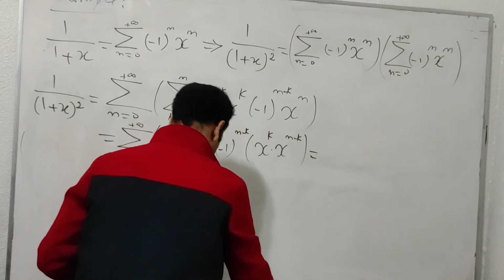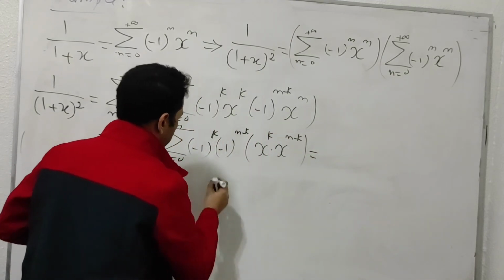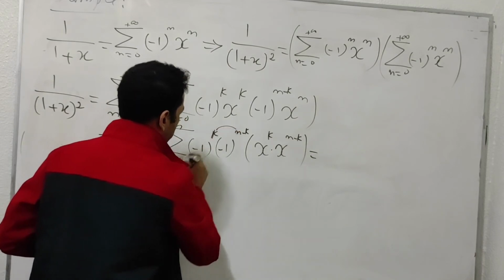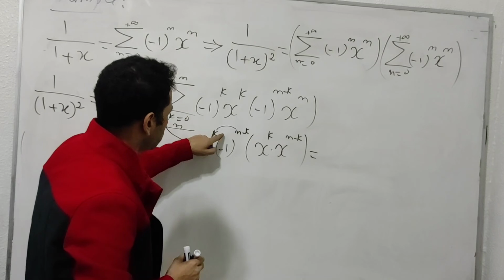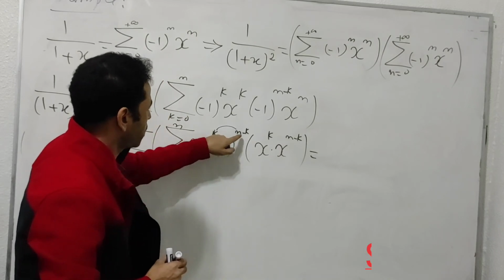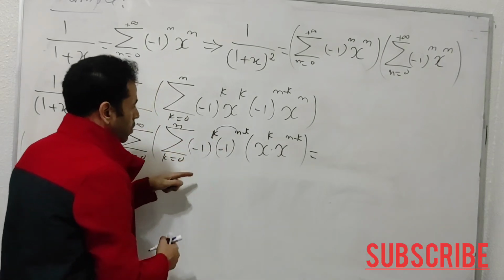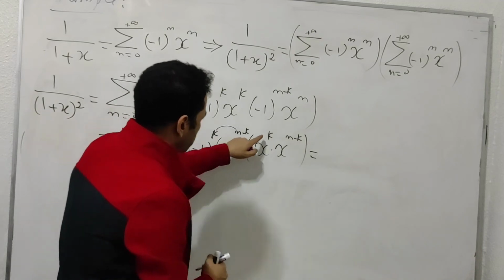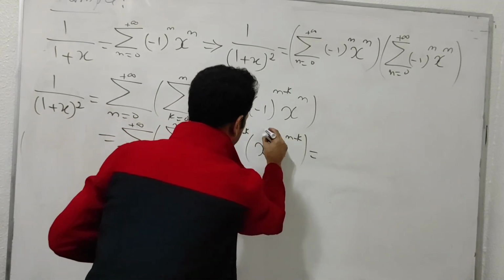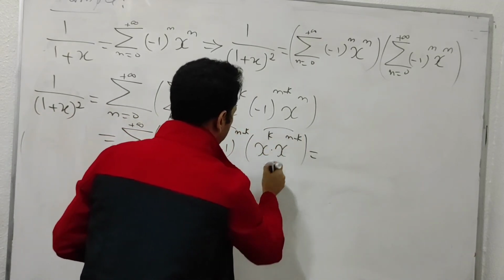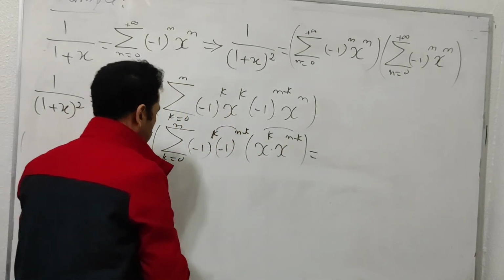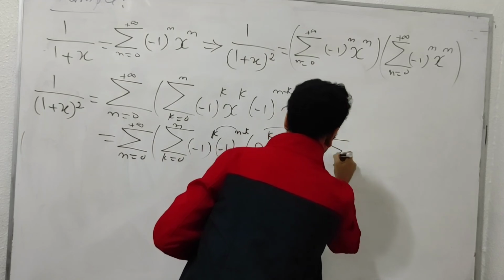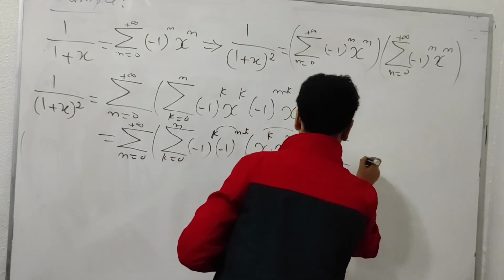These two terms put together give minus 1 to the n, because k cancels out, since we have k minus k. For the x terms, we get k plus n minus k, which is x to the n.